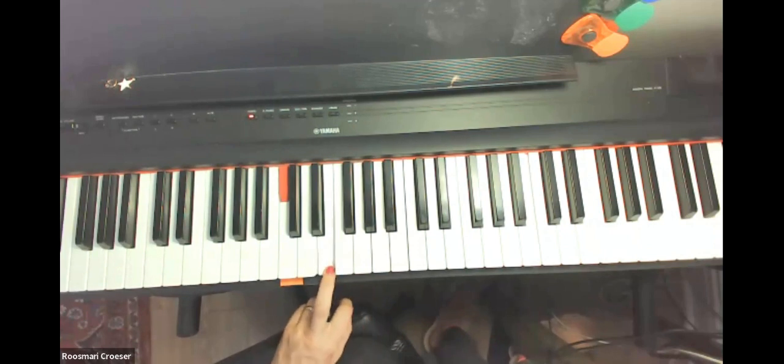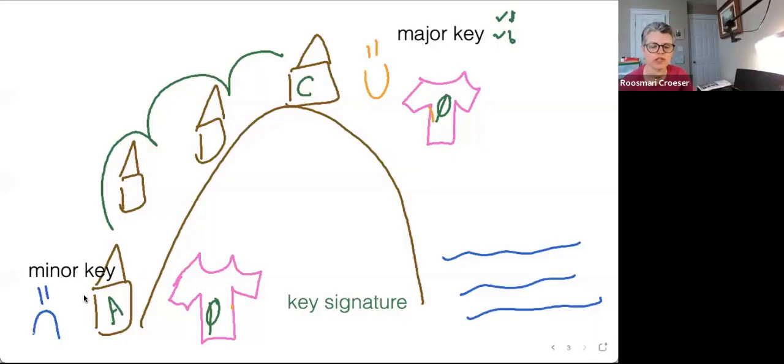Remember, if we want to go from the minor, the sad friend, to the major, we have to go up the mountain. We want to find the major of the minor, we go up the mountain.